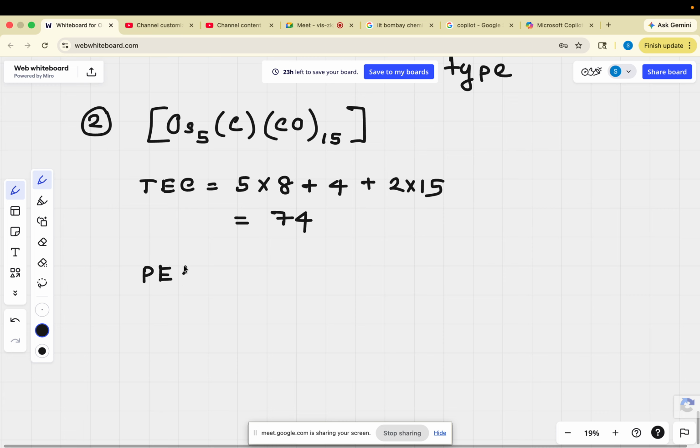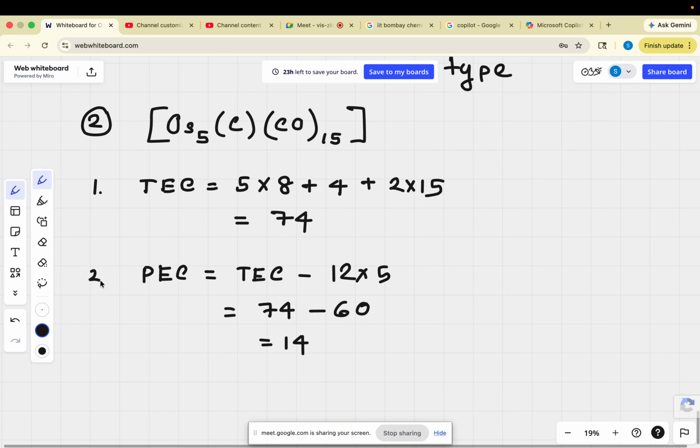Now PEC. PEC means TEC minus 12n. How many metals do you have? 5. So it will be 74 minus 60, so again it is 14.